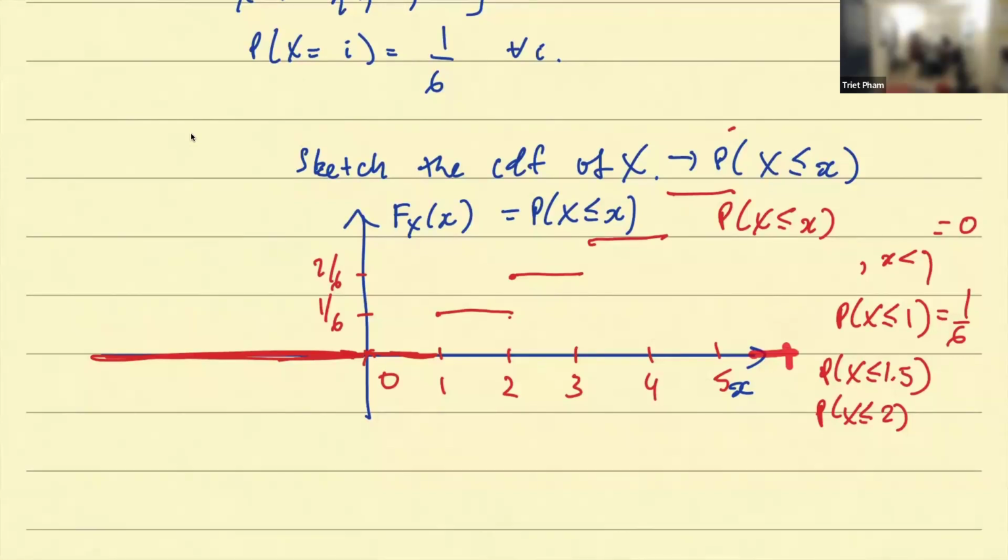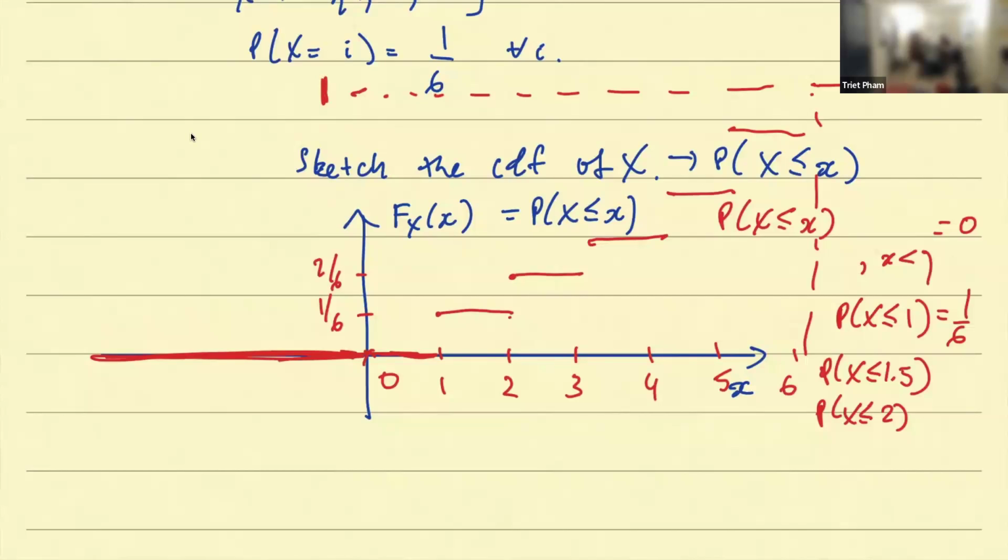Okay, let's see if we understand. What's the value corresponding to 6? That would be 1.